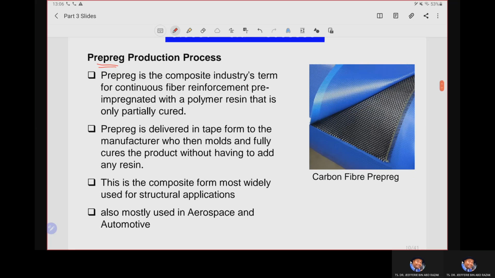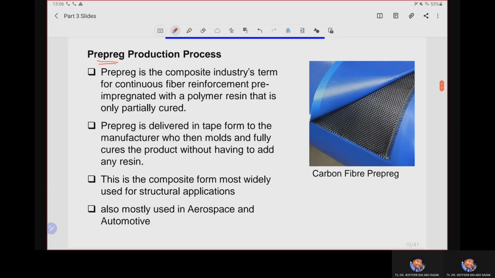Normally prepreg is supplied in tape form, so that the manufacturer can mold it and fully cure it into the final product without having to add any resin.